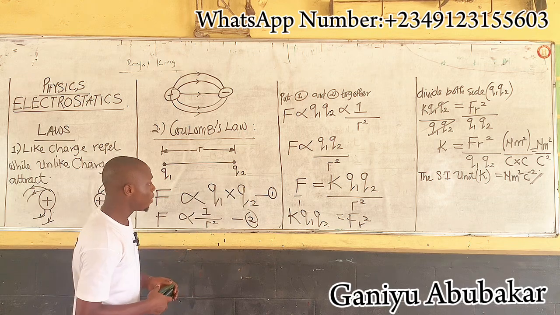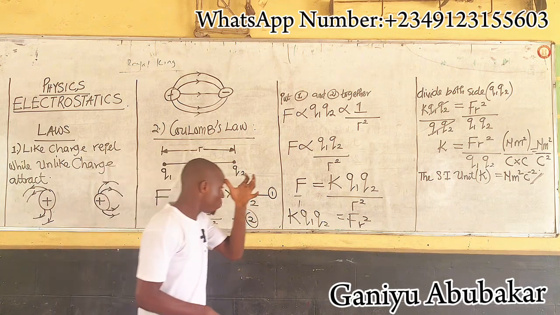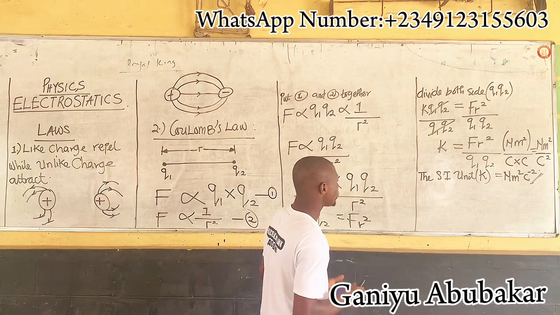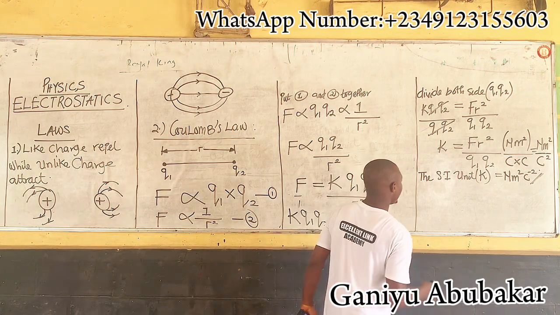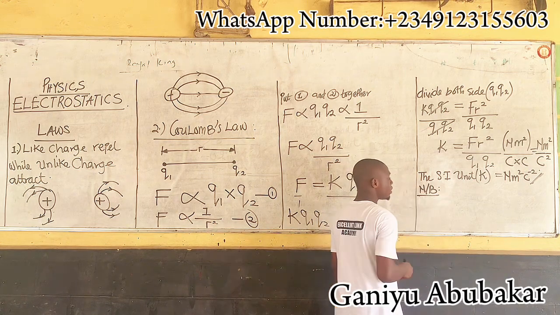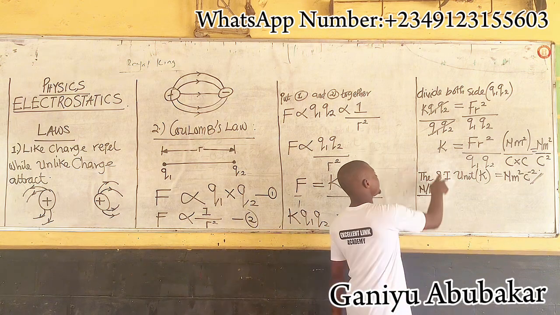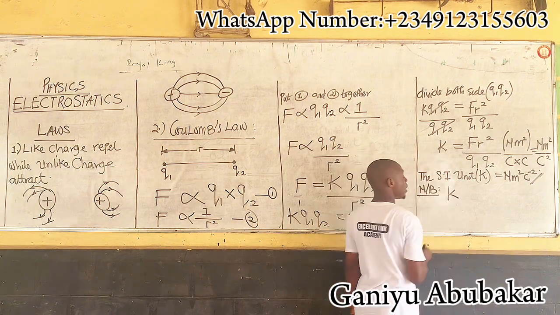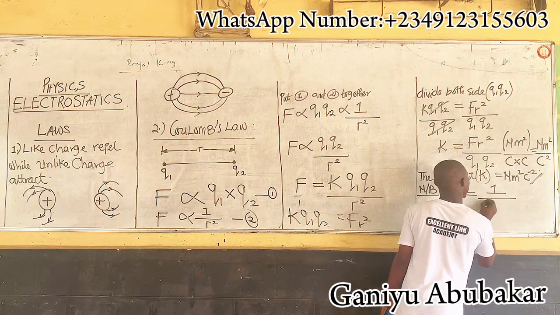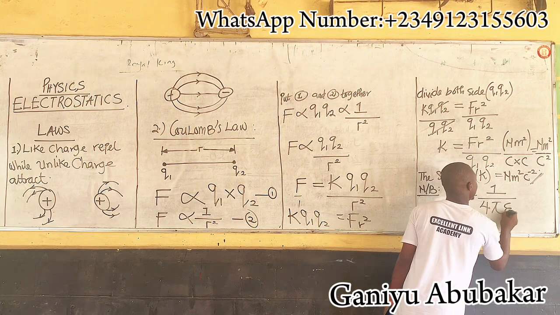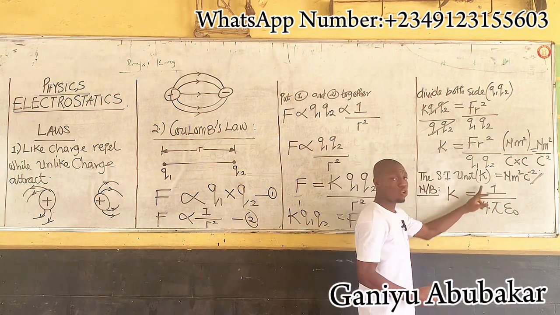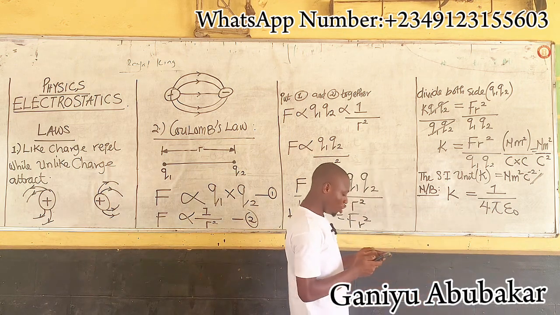So I have this here. From here now, note something at this point: this K you are seeing can be expressed as 1 over 4 pi E naught.